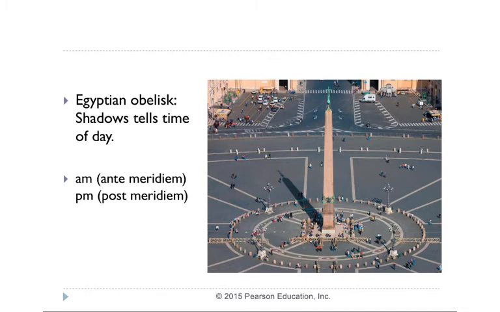So the meridian, again, is that imaginary line going from north to south that breaks up the sky in the east and west hemispheres. And so depending where you were at, right, is that post meridian, pre meridian. So that's where AM and PM comes from.